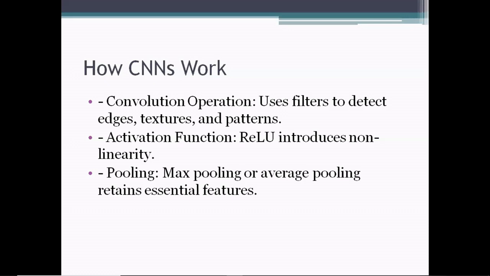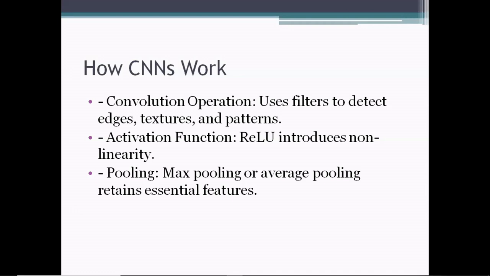As we already saw in ANN, we require some activation function. So here also ReLU is introduced as the activation function, and it is used for non-linearity. For predicting the output, it uses pooling, which is done in two ways: either max pooling or average pooling, and it only retains the essential features that are required for the classification.